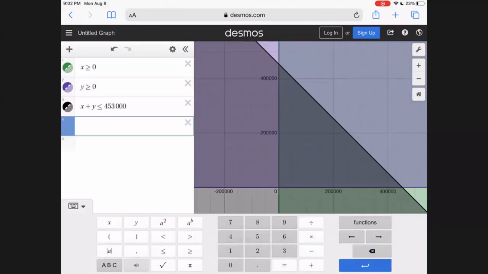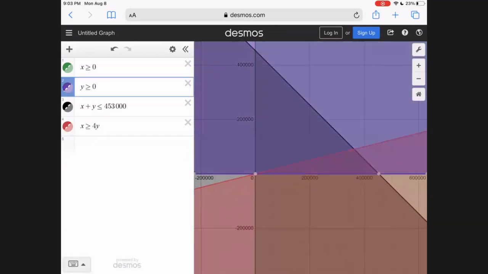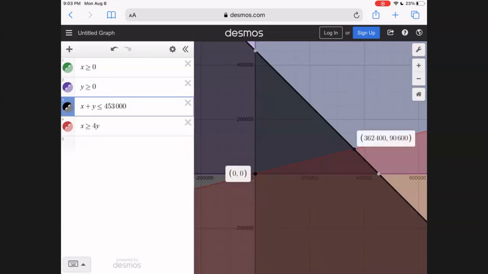Okay. And then the last one, x is at least 4 times the amount in y. So we see we have this point, which is 0, 0. So obviously that's not going to give you your money back, right? You're not going to get anything. We have that point, and we have this point. So it's either going to be one of those 2 points on the right. Okay. So let's take a picture of these.